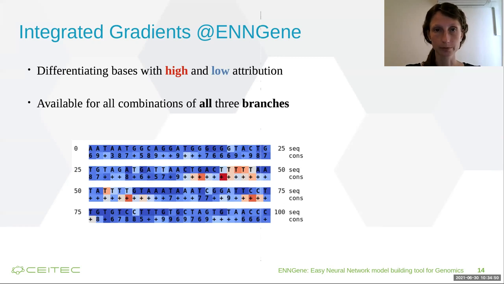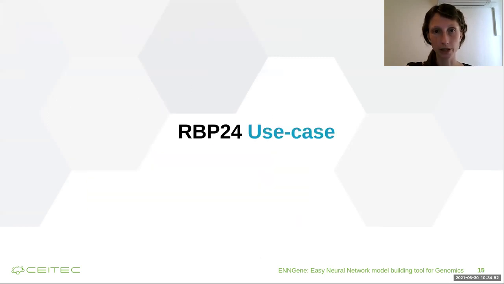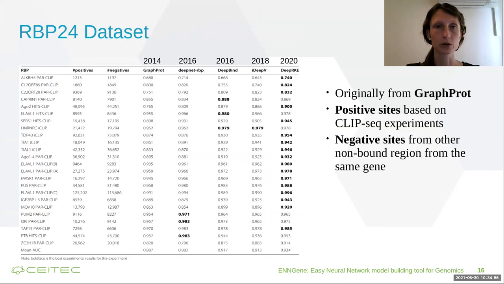To showcase the ENNGENE application, we chose the RBP24 dataset. This dataset comprises 21 RNA binding protein target sites from 24 CLIP-seq-based experiments. This dataset has been used already by 6 different publications, so it's good to benchmark our model's performance.